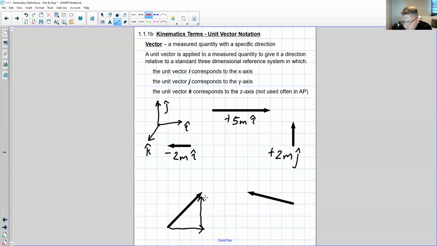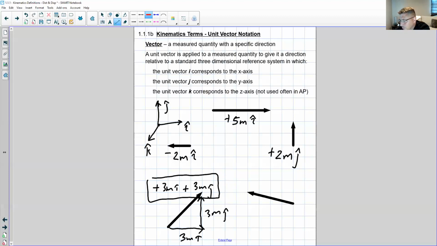This process can be a little more complicated if we don't have the boxes, but we can all agree that this guy has 3 meters in the positive i direction and 3 meters in the positive j direction. So in unit vector notation, we could say this is plus 3 meters i hat plus 3 meters j hat.